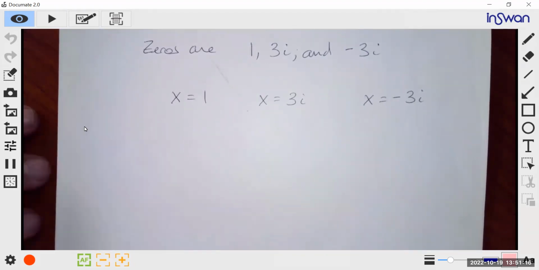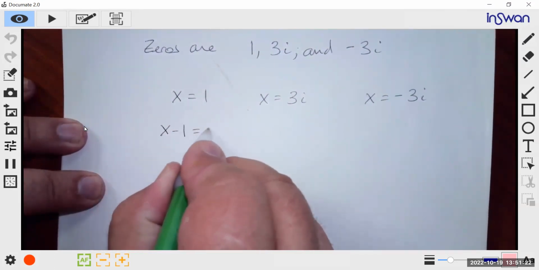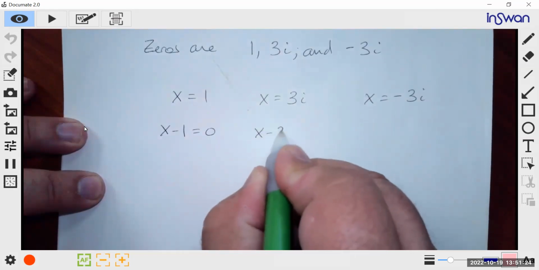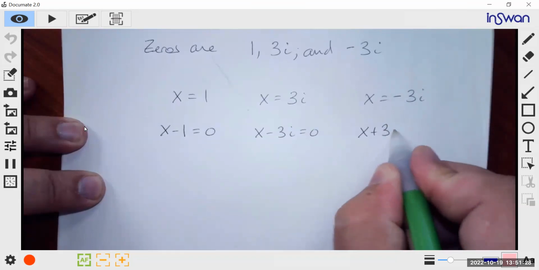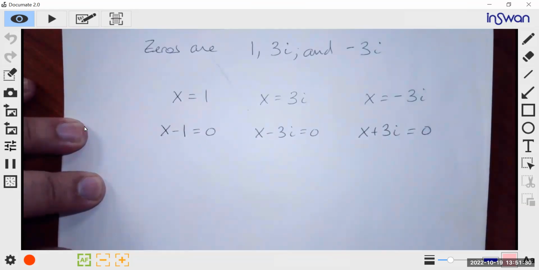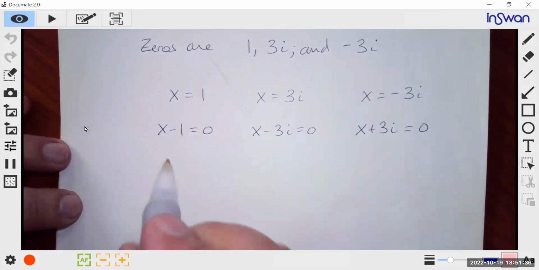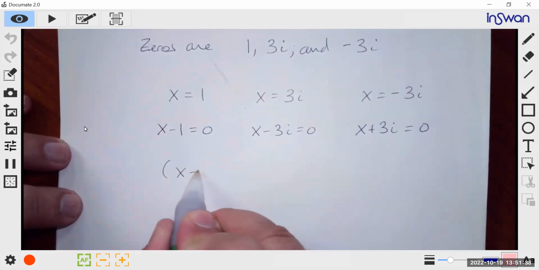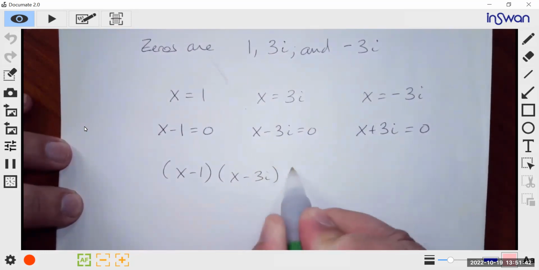So we set them all equal to x, and then set them to 0. Then we multiply them all together.